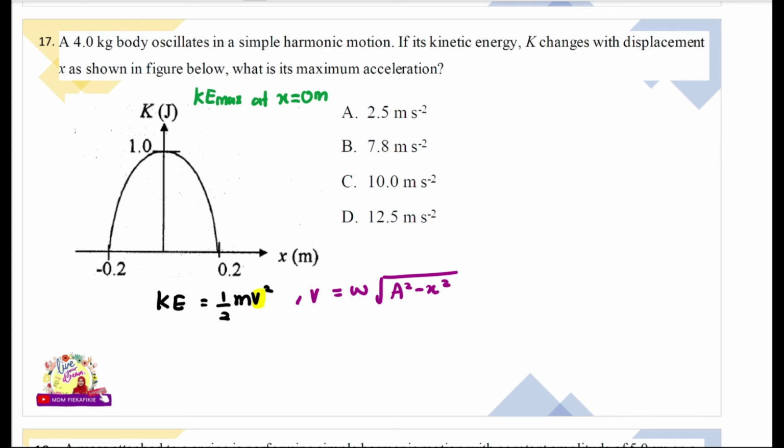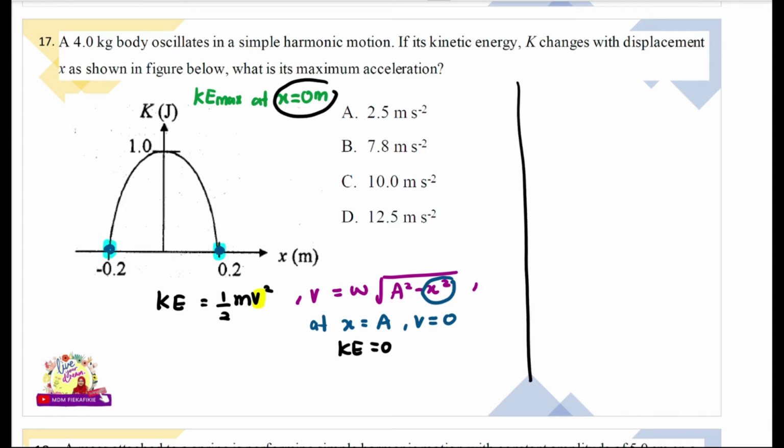That's why at x equal to A, you will get v equal to zero. That's why kinetic energy is equal to 0 at x equal to A. So kinetic energy will be maximum at x equal to 0.